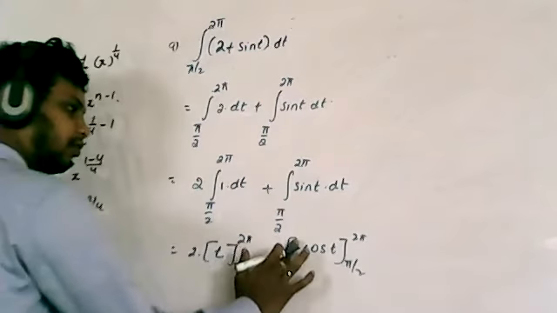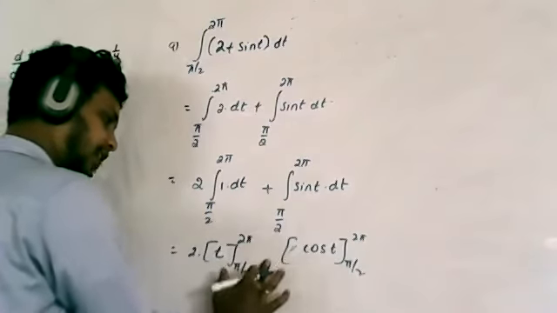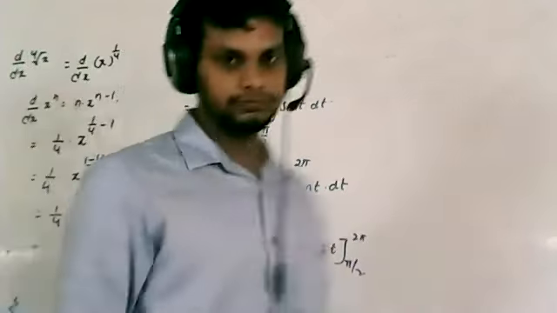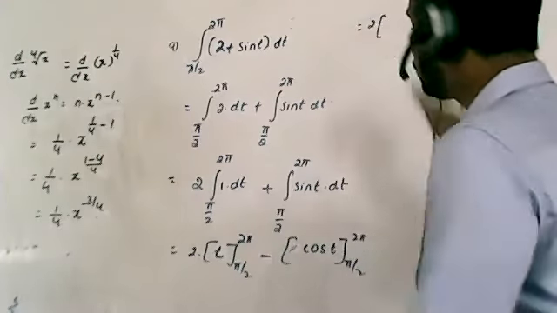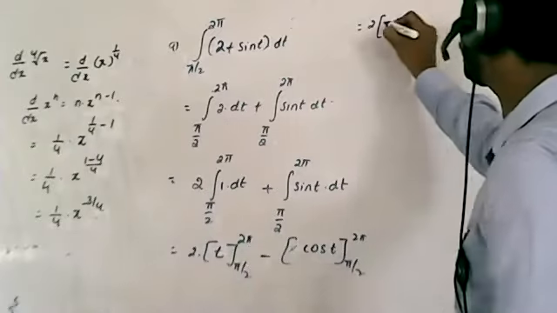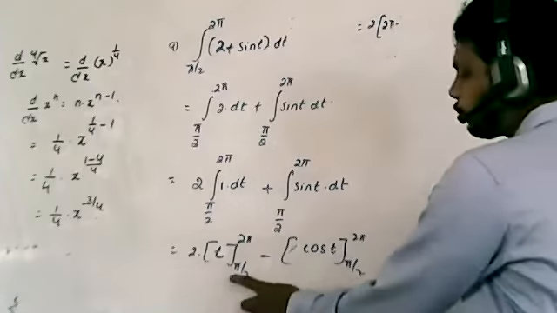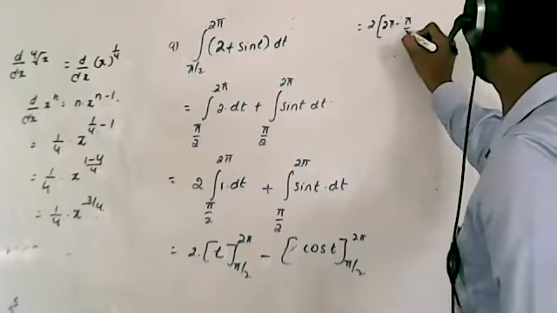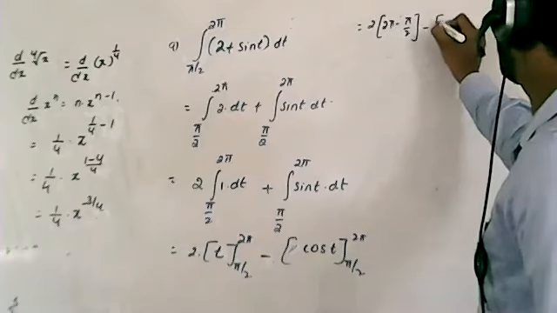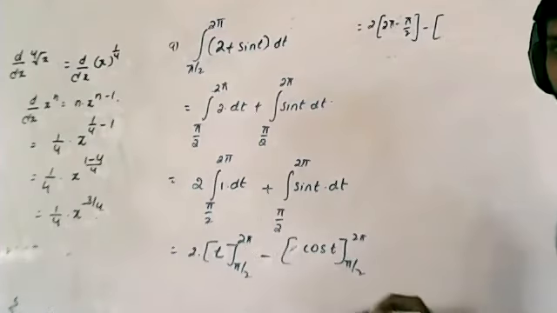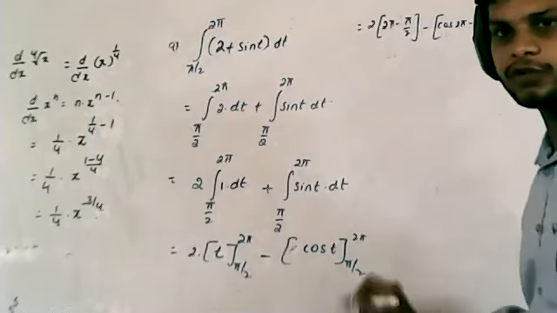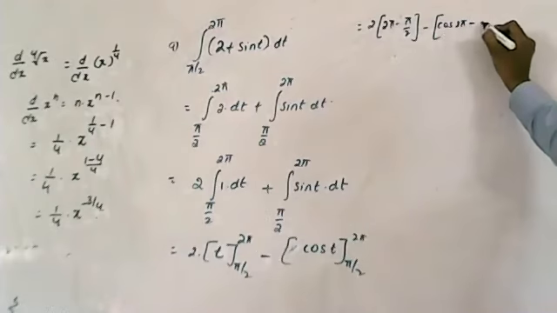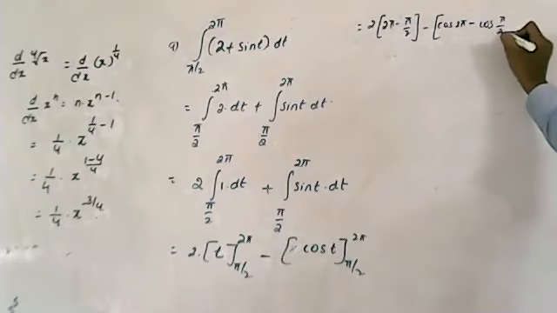Now I'll bring this minus outside. Now what is this value? That is 2 into, first substitute the upper limit 2 pi, minus the lower limit pi by 2, minus cos 2 pi minus cos pi by 2.